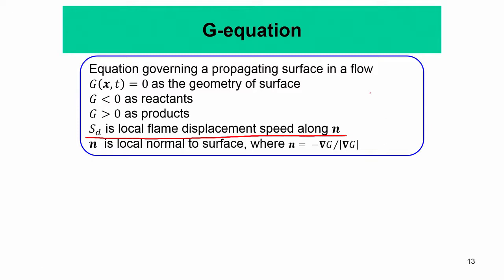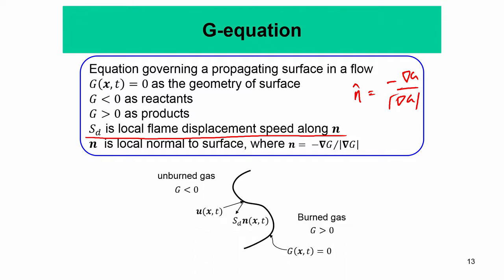And how can you find the normal vector? The normal vector is found as minus grad G divided by the magnitude of grad G. It is true for any scalar function for which you are seeking the normal. That is the definition.